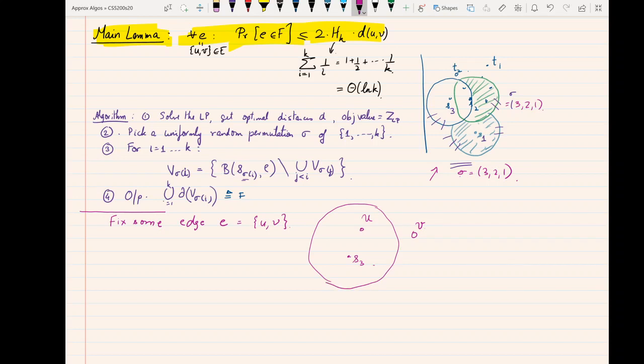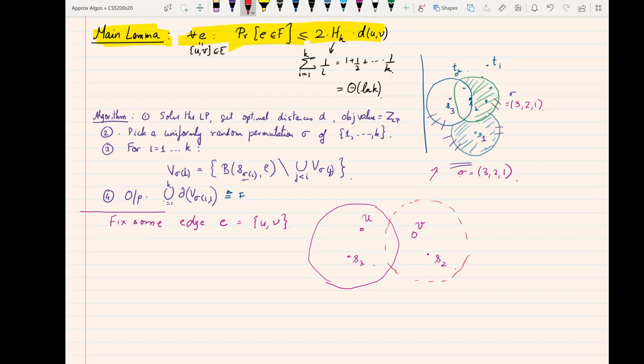Now if you look at s2, suppose s2 turned up earlier in the permutation, then the ball around s2 would end up cutting this edge if it captured v and not u, because s2 is closer to v as compared to u.